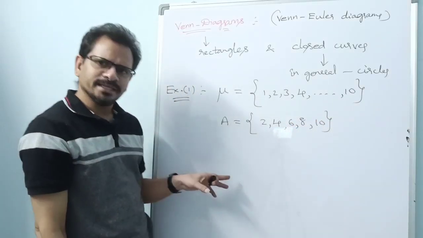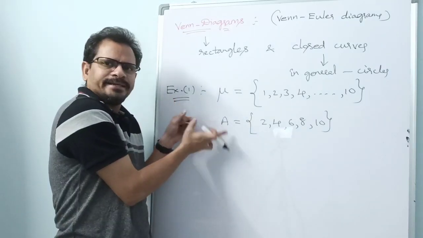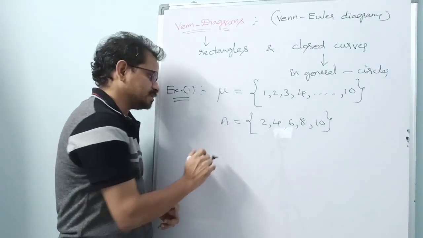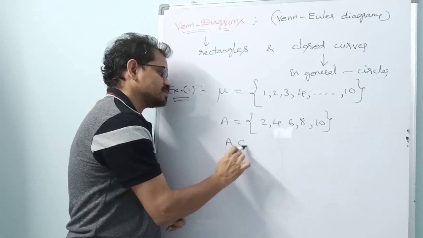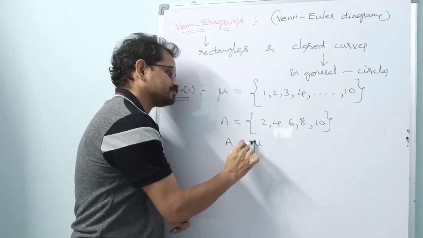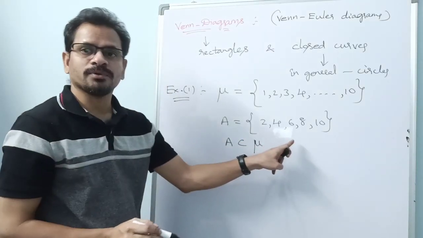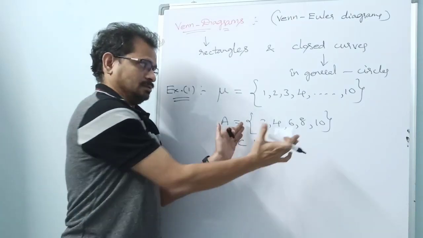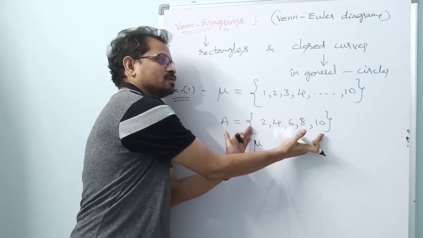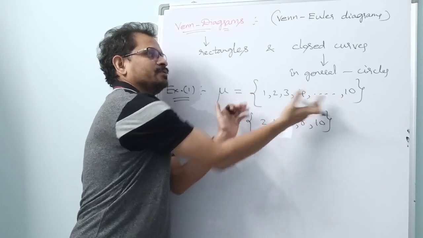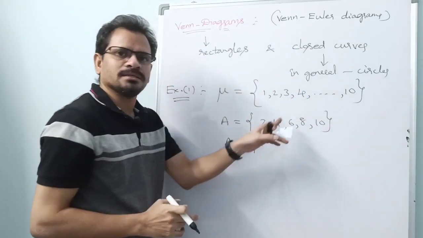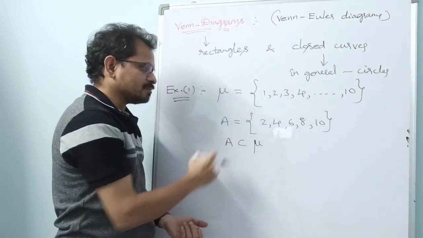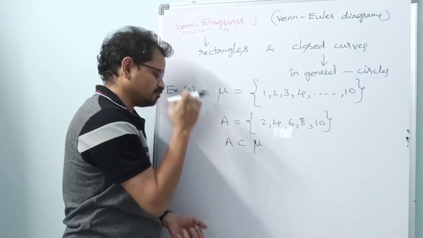So it is very clear that this set A is a subset of mu or not? Yes, A is a subset of mu. Can I write like this? Because this is a proper subset. All elements of set A are there in set mu, but there are some additional elements also in set mu. Therefore, this is a proper subset. We can write: A is a subset of mu.